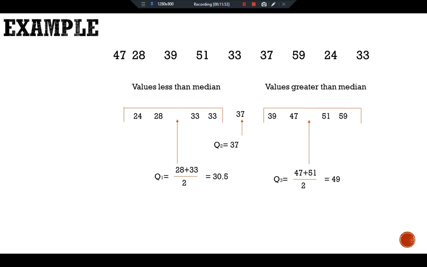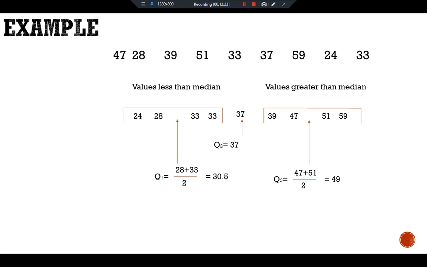Thus the values of the 3 quartiles are: Q1 is equal to 30.5 years, Q2 is 37 years, and Q3 is 49 years. The age of 28 falls in the lowest 25% of the ages.